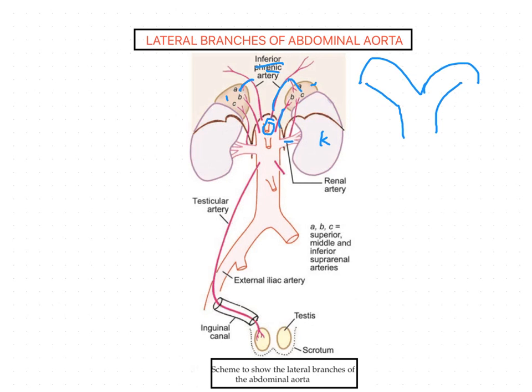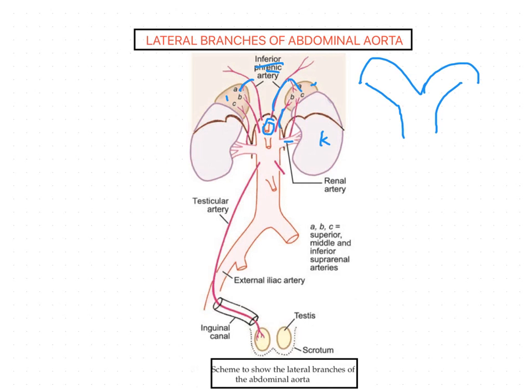So it moves upwards and distributes to the diaphragm. So the inferior phrenic artery gives 2 or 3 superior suprarenal branches to the suprarenal gland, and then it is distributed to the diaphragm.